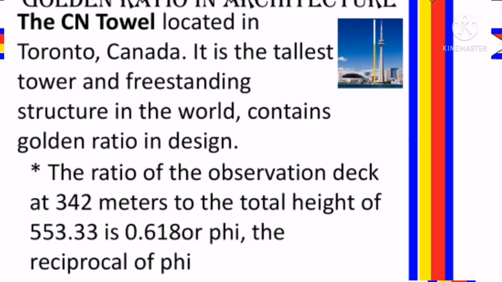It contains a golden ratio design. The ratio of the observation deck at 342 meters to the total height of 553.33 is 0.61 or phi, the reciprocal of phi. So that's why it is also under the golden ratio.